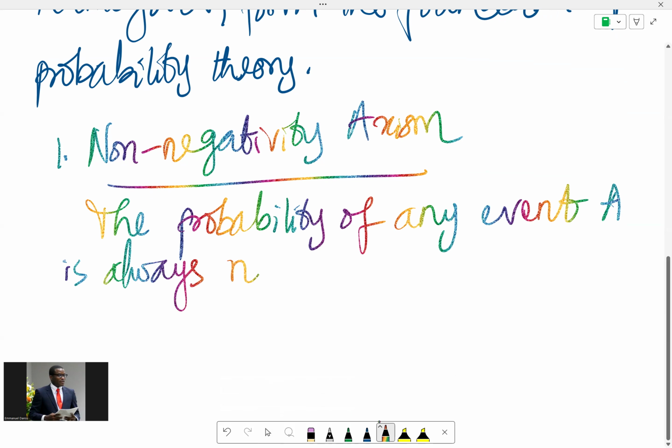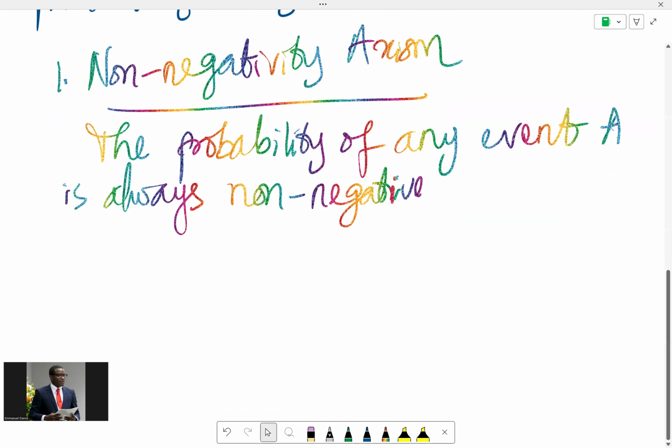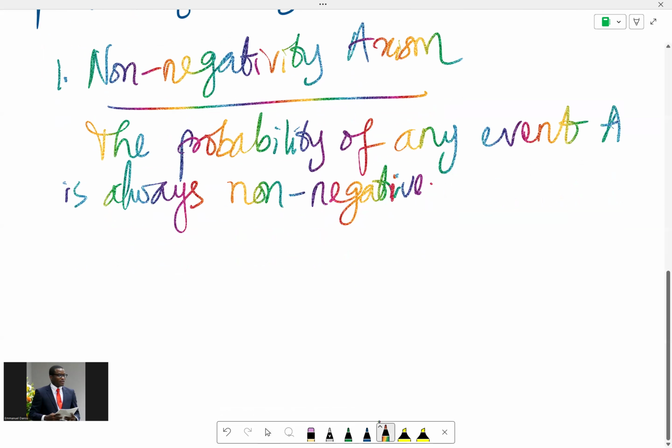That is, the probability of an event A happening is always greater than or equal to 0. It is always greater than or equal to 0.